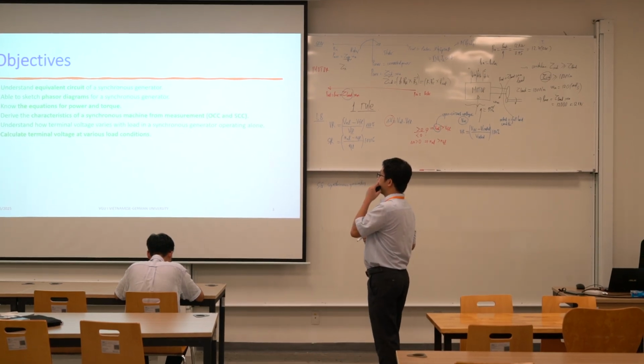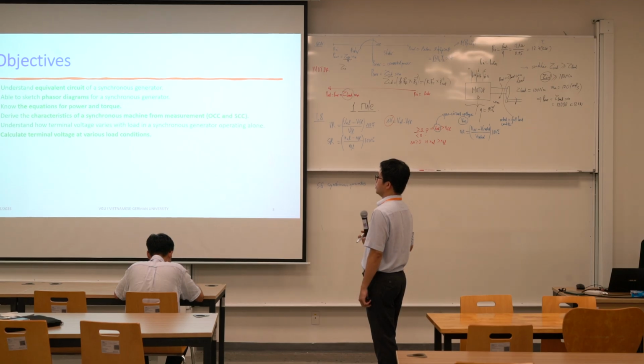So when we finish lecture 2 part 1, you can get much knowledge. For example, you can understand the equivalent circuit of synchronous generators and how to draw the phasor diagrams of synchronous generators.